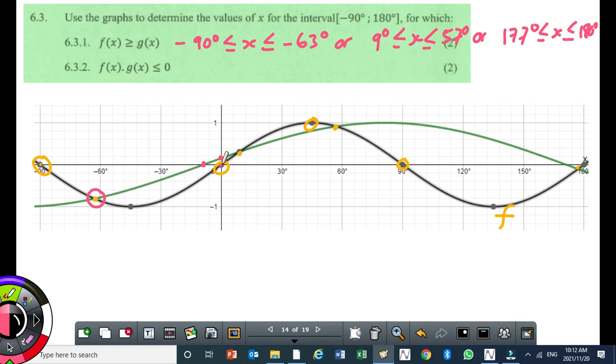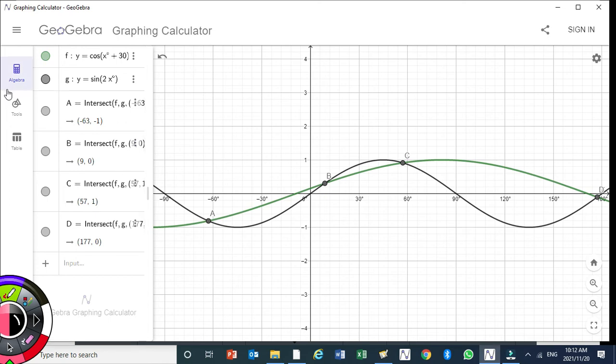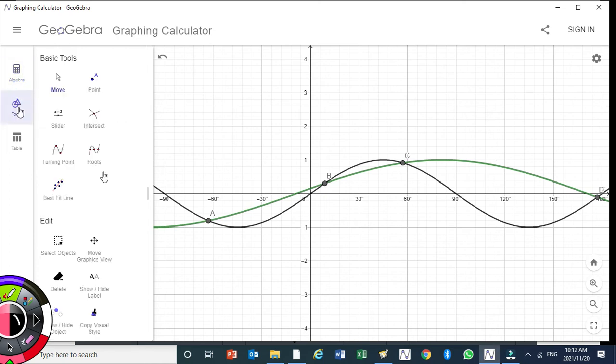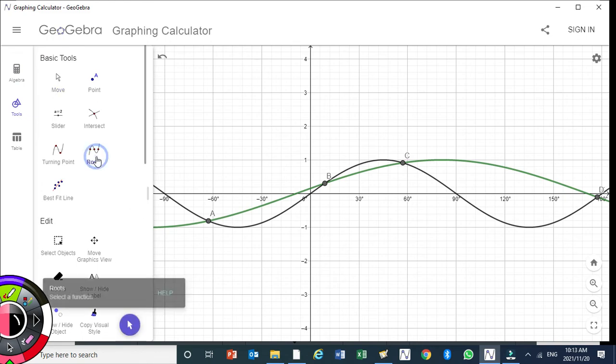Are you following? So the good thing is, in my case, I want you to be aware that in your case you won't have a computer, so you have to approximate. In my case, I've got a computer, so all I can do is go to the graph. And here I need the roots now. So the roots of what?